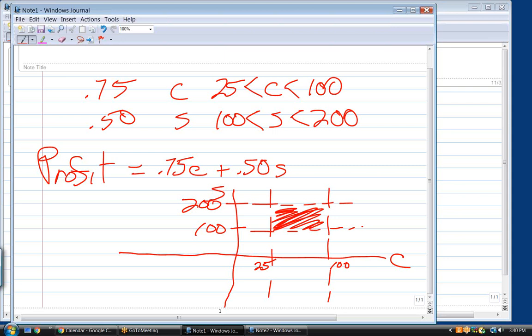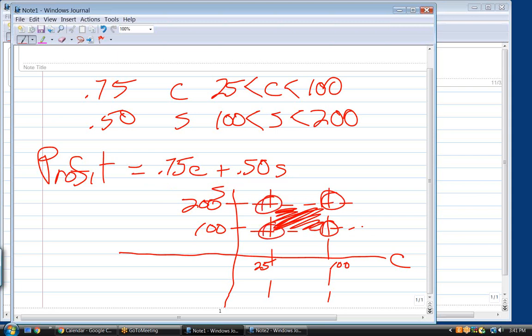It doesn't matter whether it's a rectangle, a square, a triangle, a 5-sided figure. What we're going to do is find each vertex, plug it into our profit function. Whichever one gives us the highest answer, that's our answer. It's probably one of either that one or that one, but it could be that one.